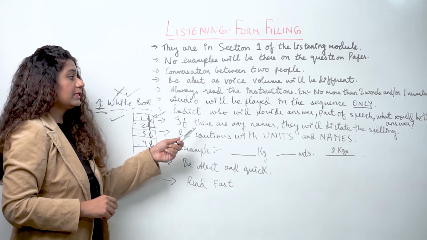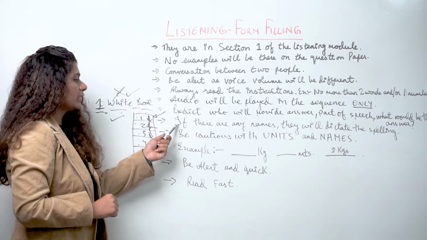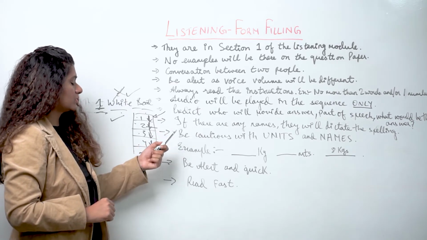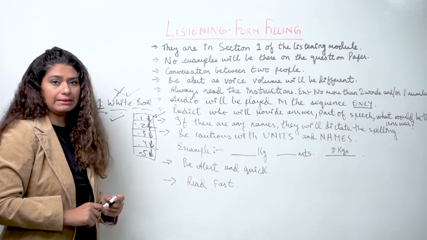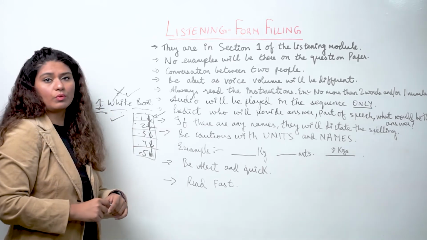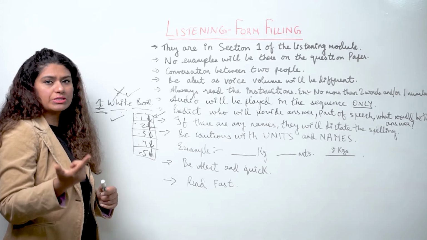If there are any names, they will dictate the spelling. Before talking about this point, I'll come to this one first. It says be cautious with the units and names. Now what do I mean by this? In the form, you might have questions which would require you to mention some units or some names.